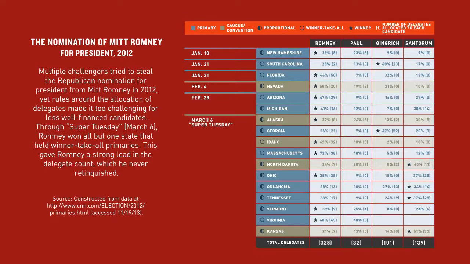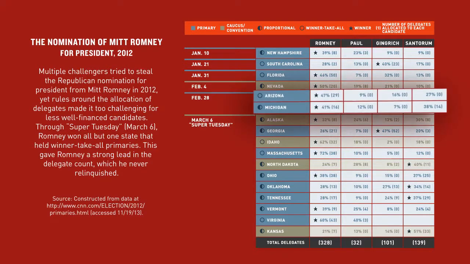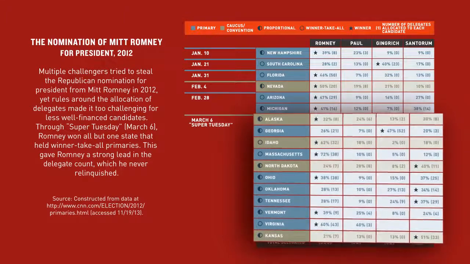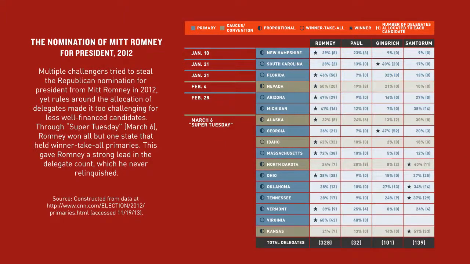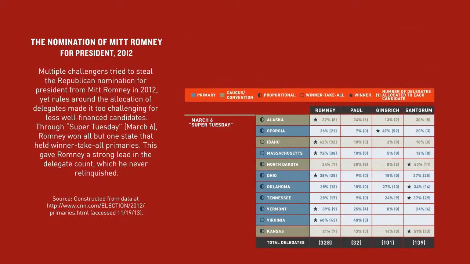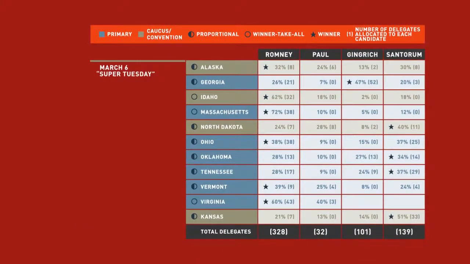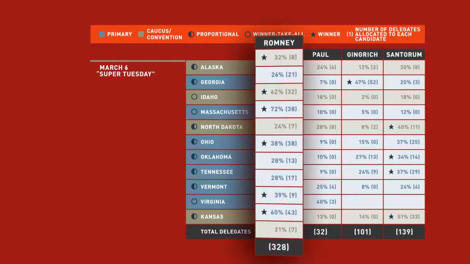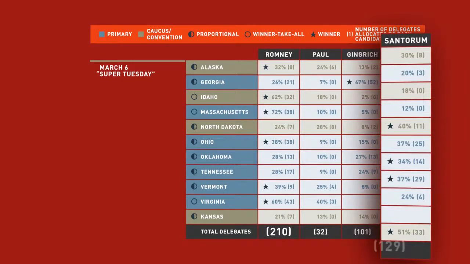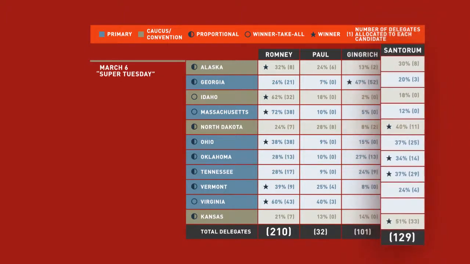It is customary for several states to have their primaries and caucuses on the same day across the country. In the 2012 election year, Super Tuesday took place on March 6th. Mitt Romney was the clear winner of Super Tuesday, amassing 210 delegates, far more than his closest competitor, Rick Santorum, who won 129.